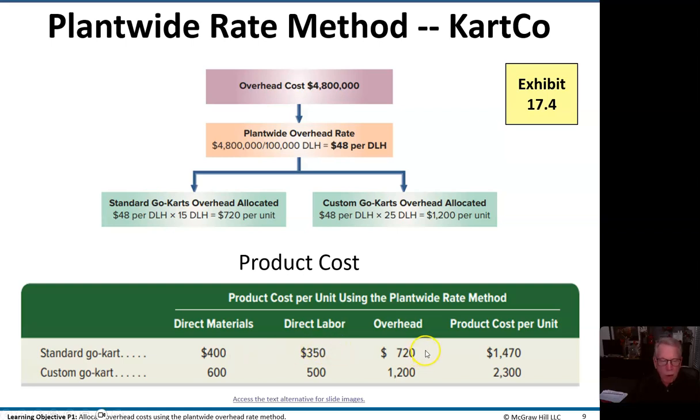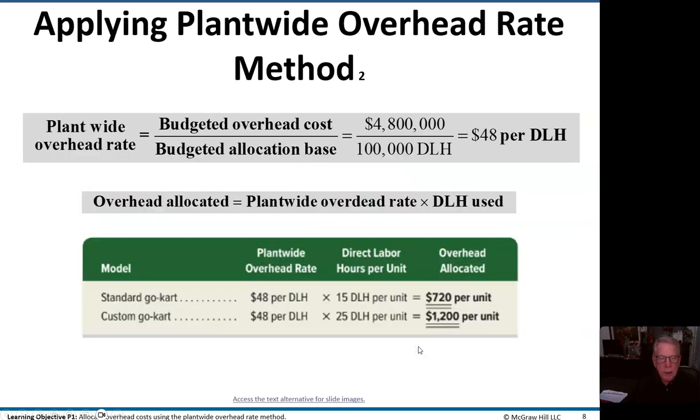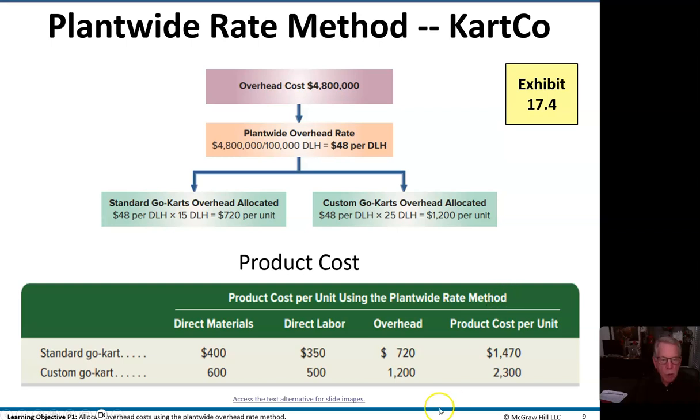And we saw from the previous slide that the applied overhead is $720 per standard go-kart. And then the custom go-kart here has more direct materials, more direct labor, and more overhead applied. So the product cost per unit is $2,300 for this custom go-kart.